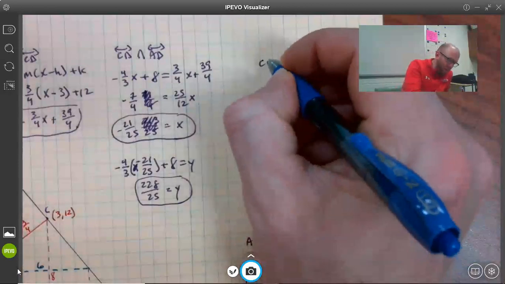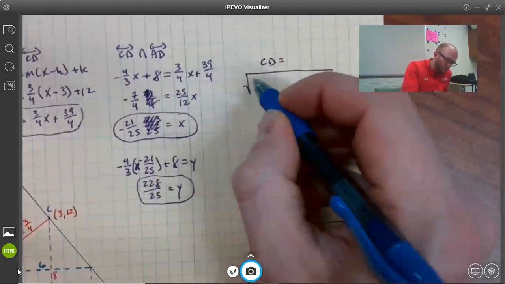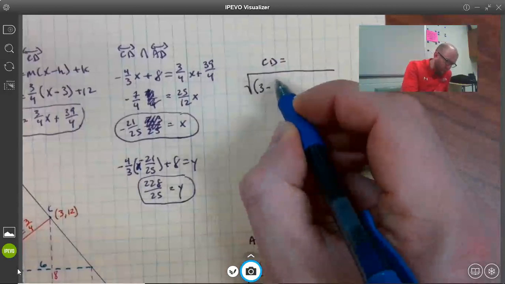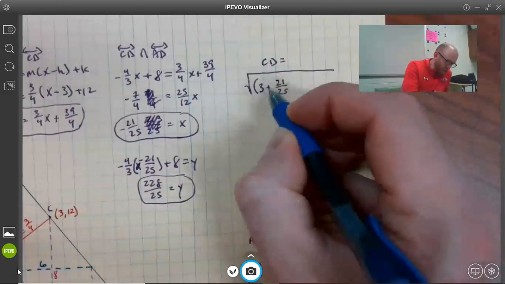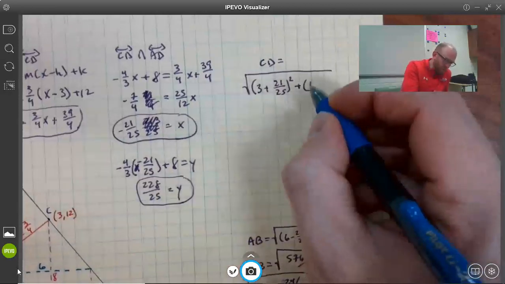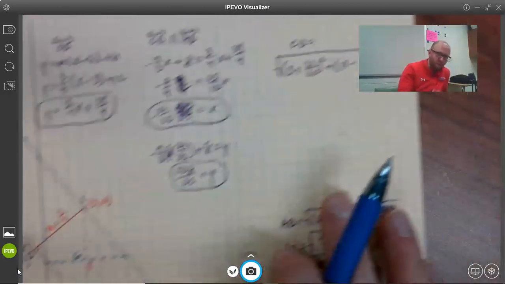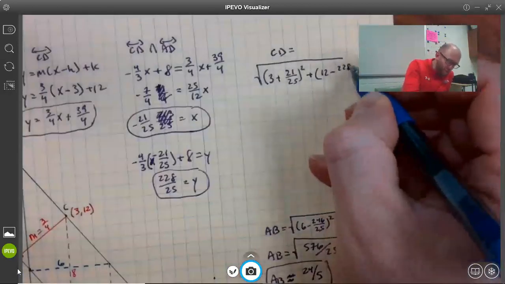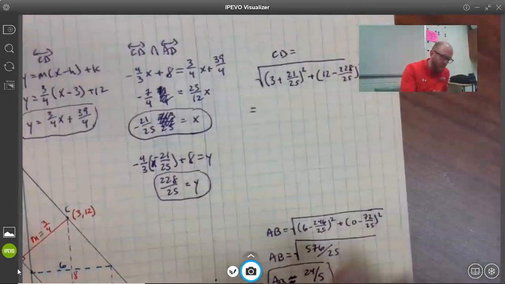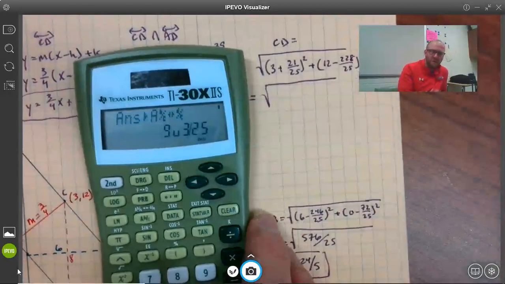So find CD equals, okay, so we've got 3 minus negative 21/25, which makes that a plus, squared, plus 12 minus 228/25, squared. Let's punch this all into the calculator.